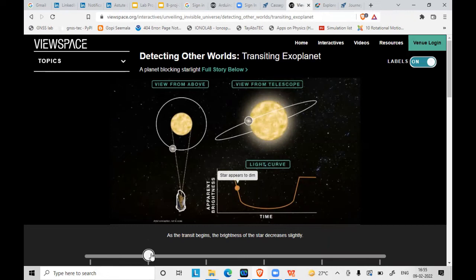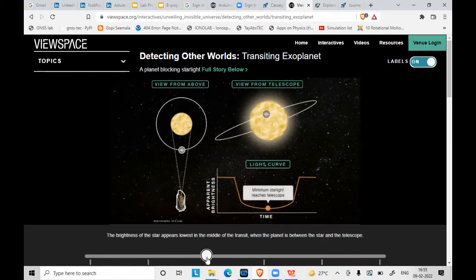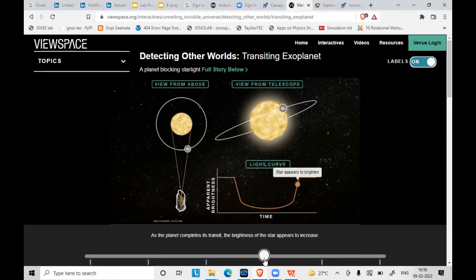Okay, then I move on to the next stage, where the exoplanet is nearly at the center of the star's disk, and you will see that the apparent change in the brightness is maximum. There is a maximum dip in the starlight, and then as it starts leaving the star's disk, the brightness again starts increasing.